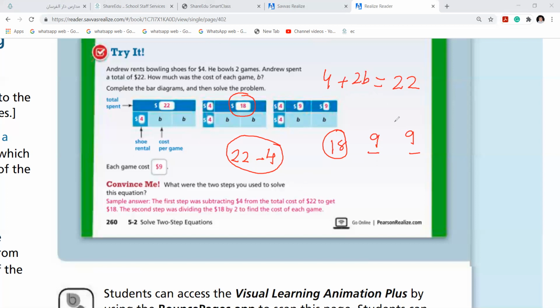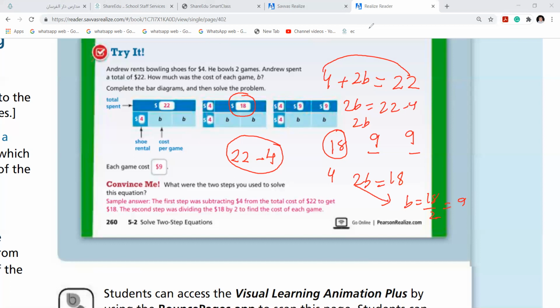Because the rental is 4, and each game, there are 2 games. So 4 goes to that side and becomes 22 minus 4. That is 2b equals 18. Division goes here, B equals 18 by 2, that is 9.